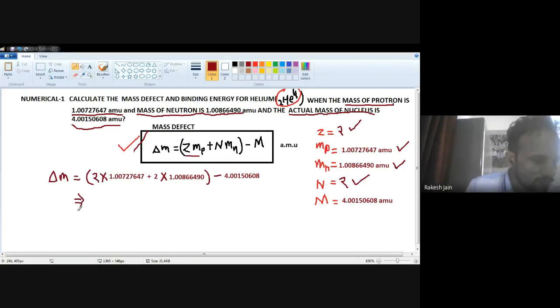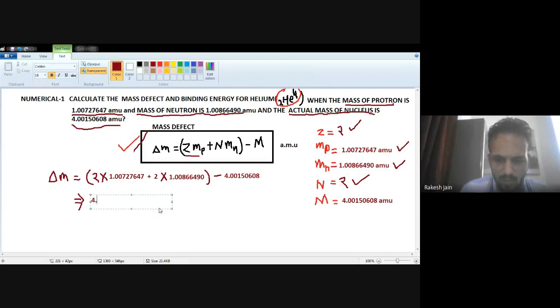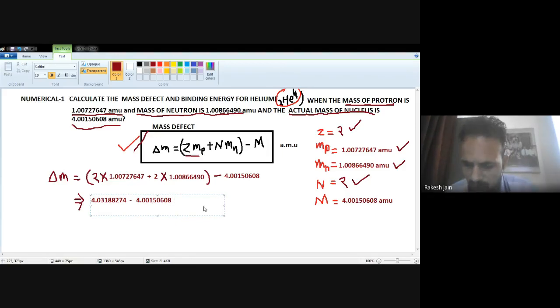So this will be 4.03188274. And this will be minus the actual mass, that is 4.00150608. When we subtract these two terms, we can easily do this with the help of a calculator.